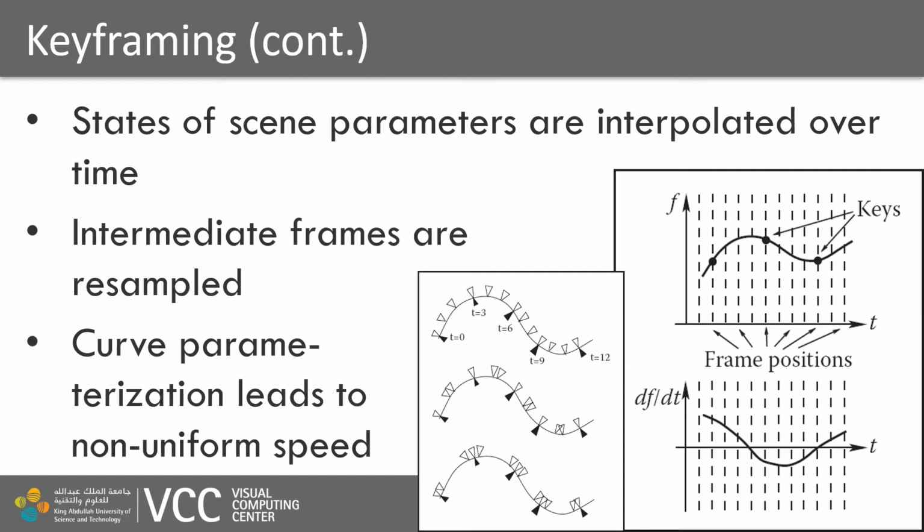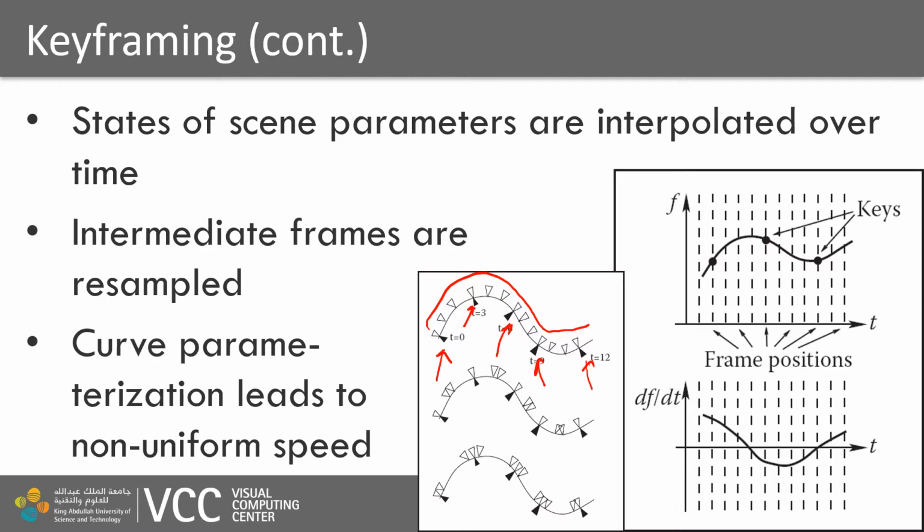It could be that if we are moving over time along a certain curve, then we have our points in time defined equidistantly. We might define as an author some keyframe positions, as we can see here with the black arrows, and the system can interpolate in between the positions so that they are more or less uniformly distributed over the timeline.